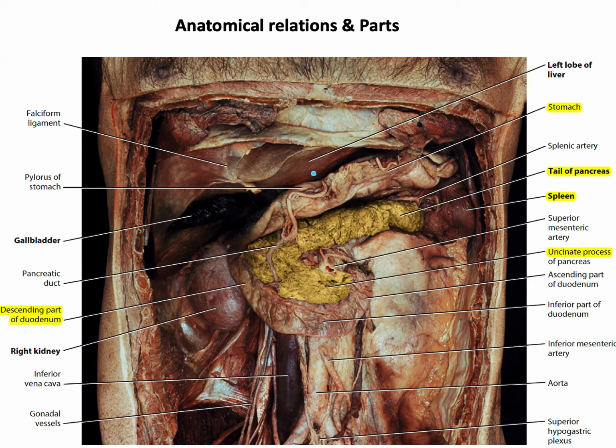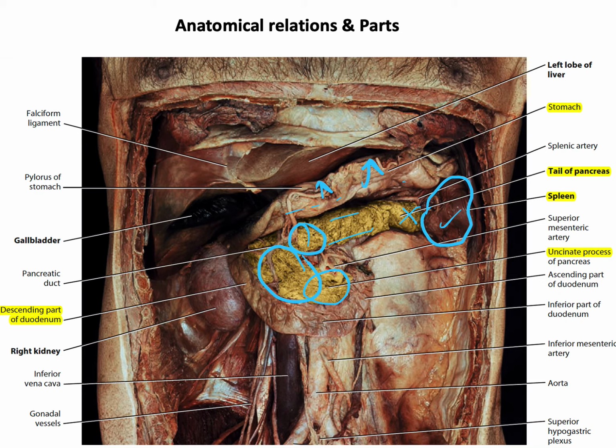So here is the cadaver, guys. Look at the stomach reflected up in order to show you the pancreas that's located behind it, and look at the uncinate process. Look at the head, guys, neck, body, and tail that's extended to the hilum of the spleen. This is the spleen, guys.